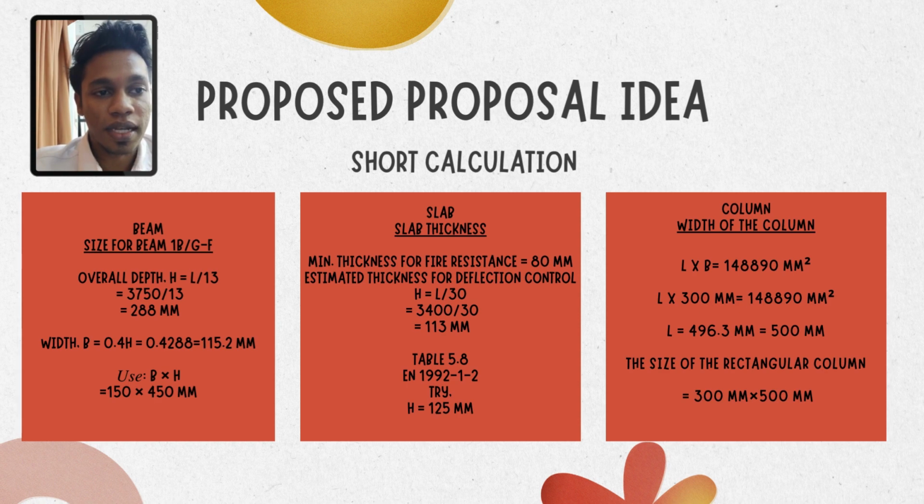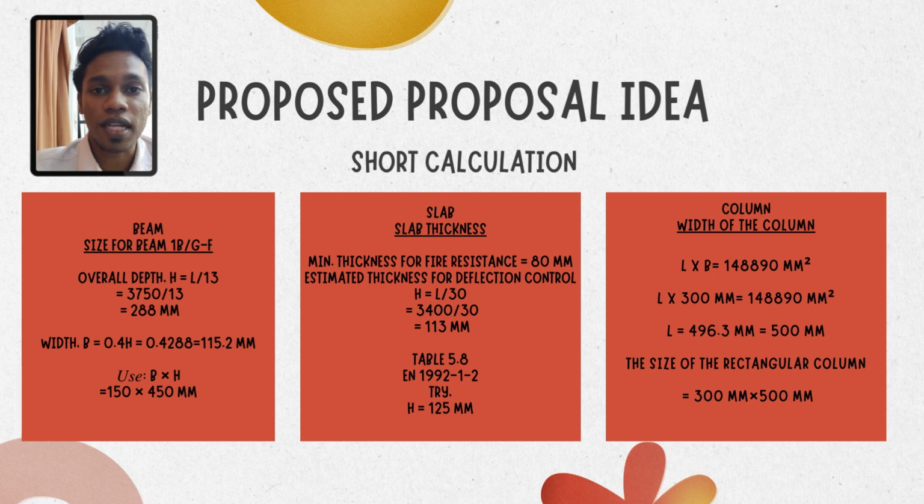For the beam, size for beam 1BGF, the overall depth that we have calculated is H = L over 13, which is the L span 3750 divided by 13, so we get 288 millimeter. From this calculation, we are proposing to use 150 times 450 millimeter size for the beam.